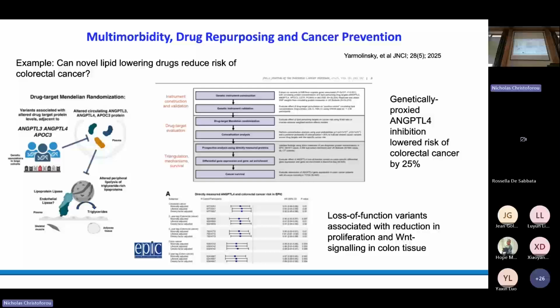So again, we're able to triangulate different types of approaches to arrive at likely causal effect of this protein on colorectal cancer development. So just to say, if you have particular proteins or targets of interest where you think having observational proteomics data might also be useful, do get in touch, because I think it's a really great resource for this type of approach.